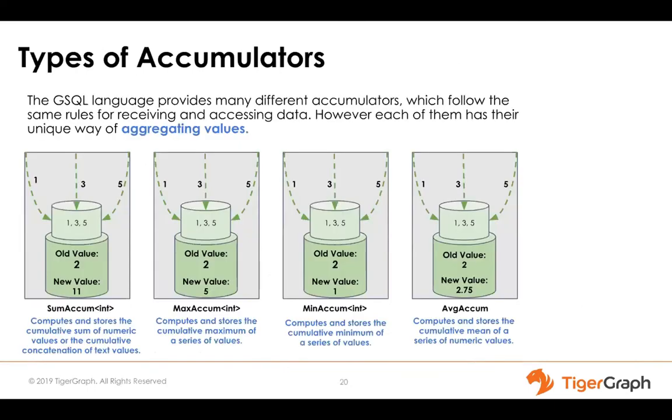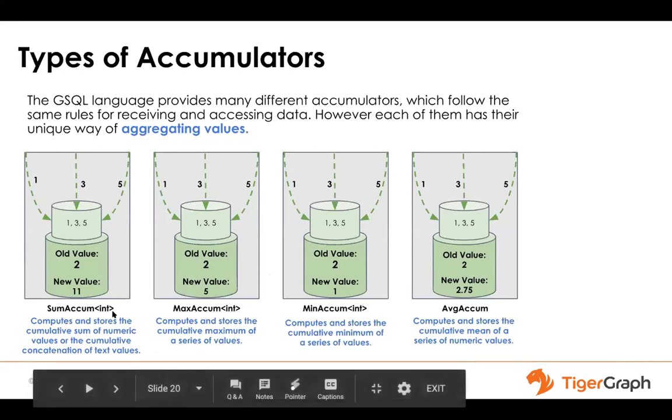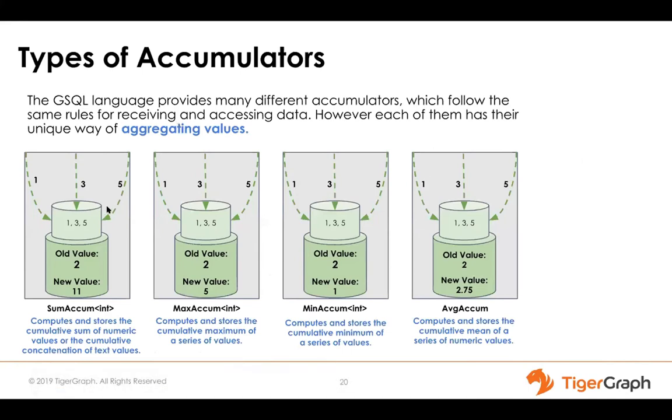I mentioned there are several types. I'll just very quickly go over the multiple types so you can see that we do have a rich assortment. We use sum. So imagine you have these 3 input values. All of these examples use the same data, so you can compare what happens with the same data. All of them have the same input data, 1, 3, 5, and they all have the same initial value of 2.